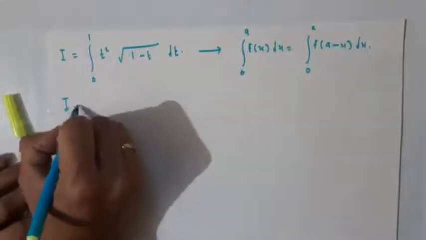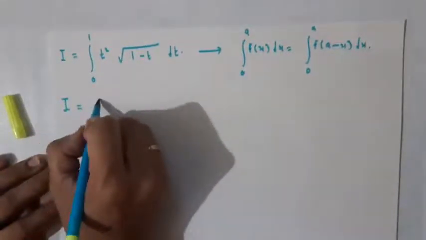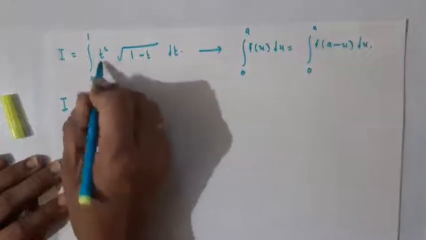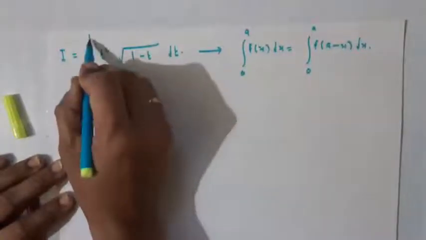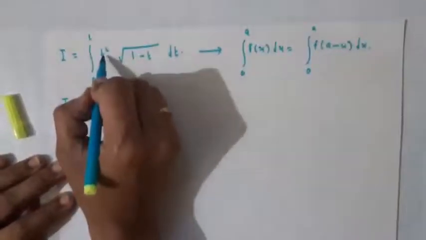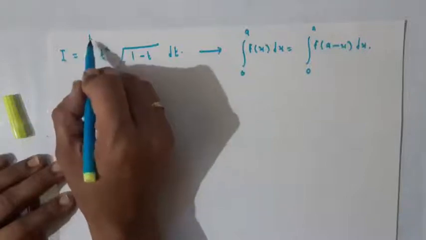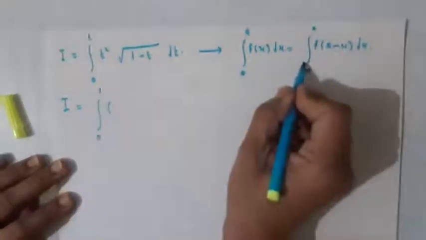So here the integration I equals the integral from 0 to 1; put a as 1 and therefore we can replace t with 1 minus t by using this property.